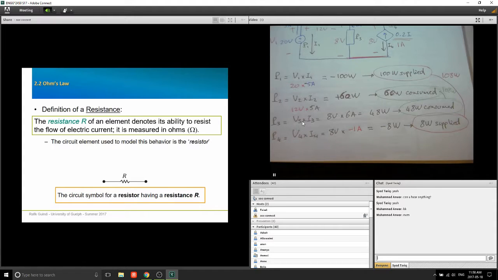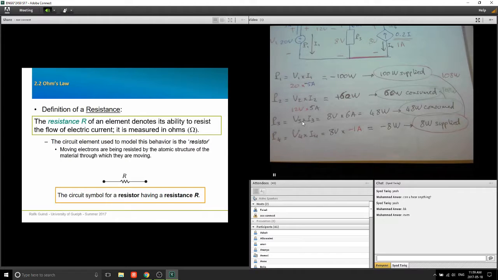This particular element called the resistance is something that is impeding the flow of current. The resistor models this behavior of having this resistance happening inside.